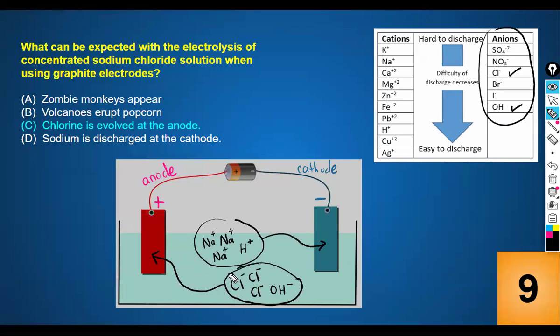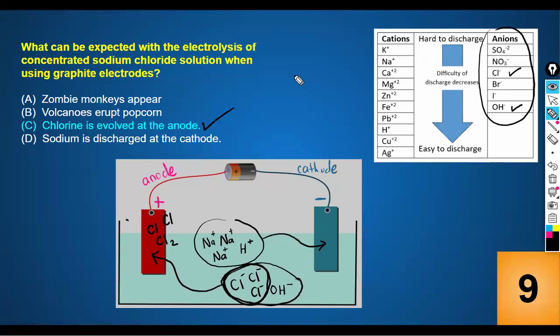So in a case like this, the chlorine overpowers the OH, so the chlorine is going to get discharged. And of course, when the anode discharges chlorine, it's going to get chlorine neutral. And chlorine neutral doesn't exist, right? It exists as Cl2, which is why we get chlorine gas at the anode, because it overpowers the OH.